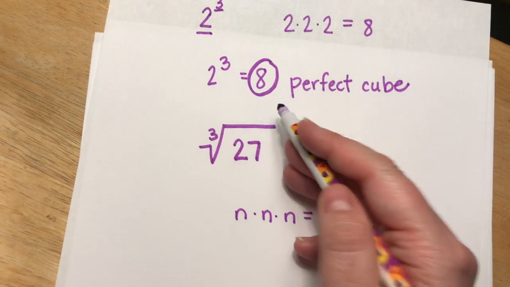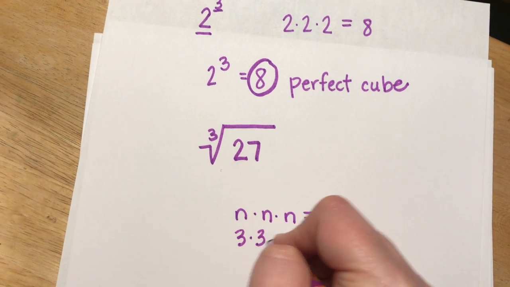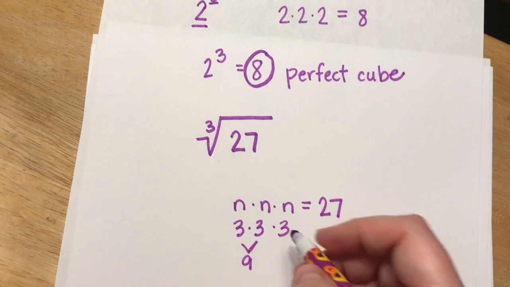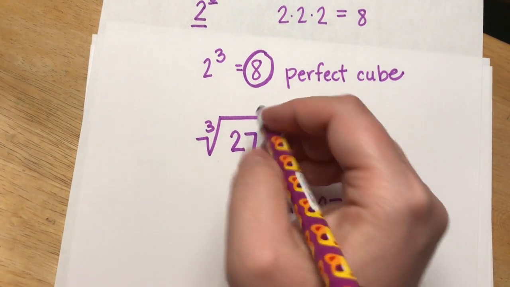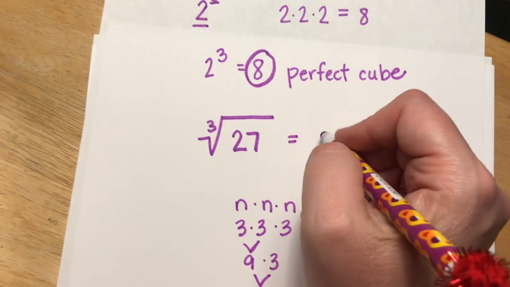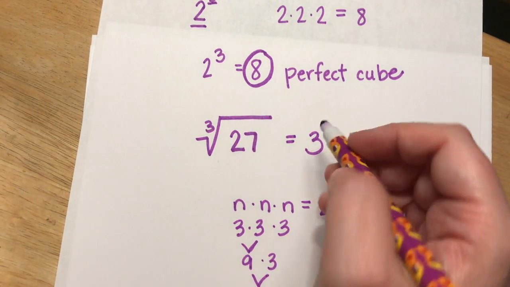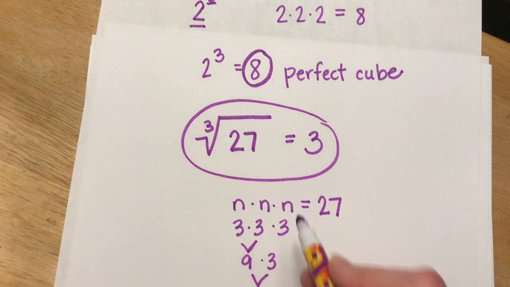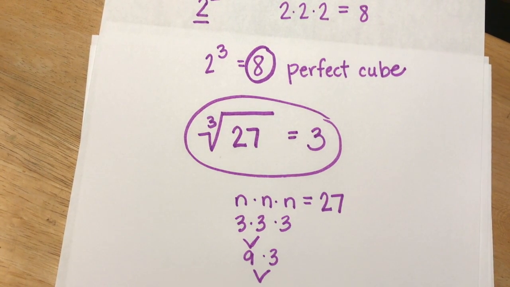Well, I know it's not 2 because that was 8, right? So let's try 3. 3 times 3 times 3. 3 times 3 equals 9. 9 times 3 equals 27. So the cube root of 27 equals 3. It's just asking you what number times itself 3 times gives you that answer. So that's a perfect cube.